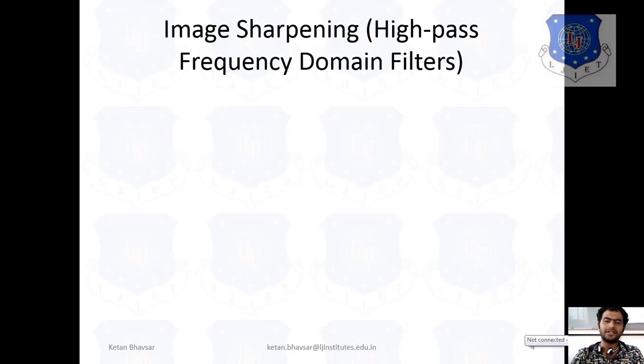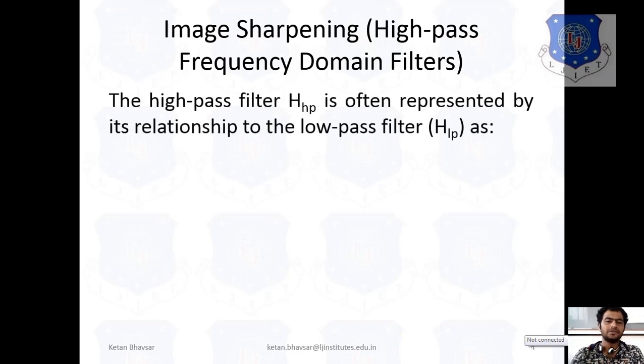Now, as I told you, we have to discuss the high pass content, or high frequency content. The high pass filter, H_HP, is often represented by its relationship with the low pass filter that we already saw in the previous session. When we consider the high pass filter, we are removing the low frequency content.